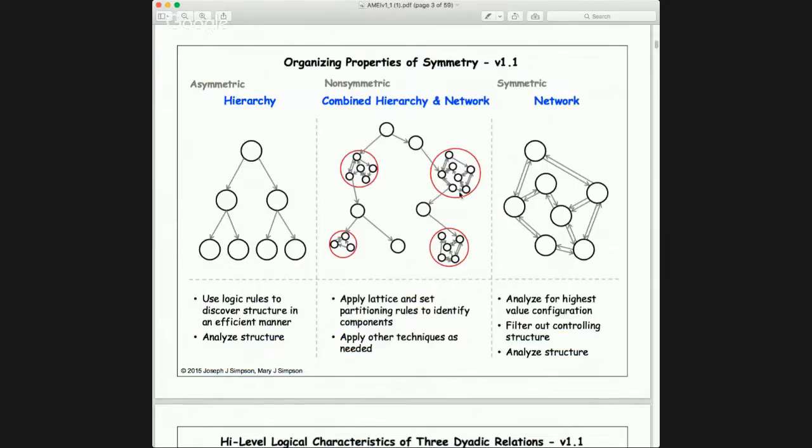Or if we pull the network components out and analyze them by themselves, we're going to have a different set of rules. And in this particular case, the natural language relationship or the mathematical relationship that generated this structure may have some interesting logical properties which are not valid in the hierarchy analysis or valid in the network analysis.